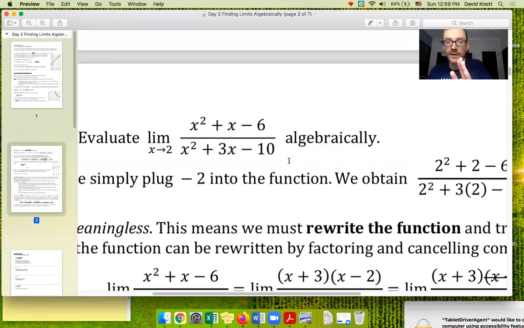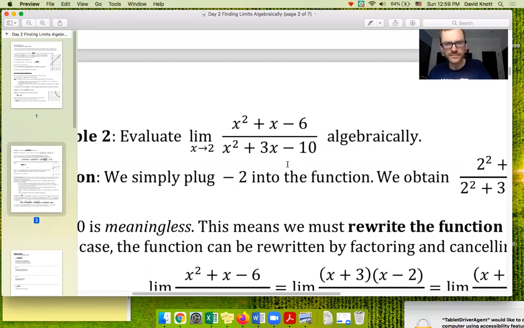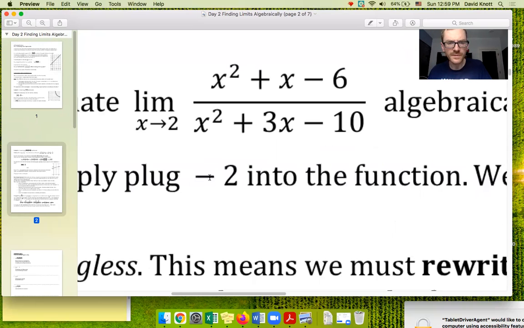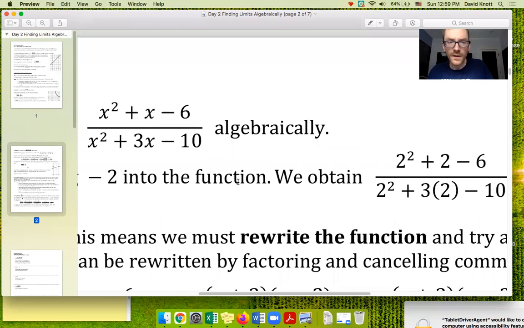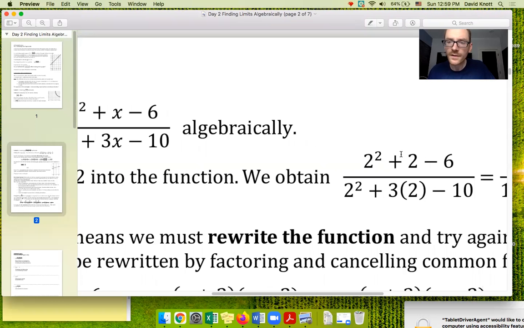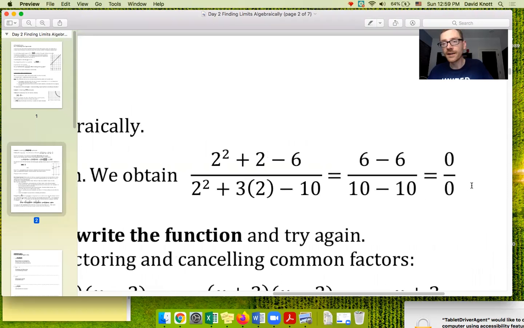That's weird. It looks like there's a typo. It looks like it says plug -2, but that's not what we're plugging in. We're plugging in 2. So we're going to plug 2 into this function, and when you do, you have 2 squared plus 2 minus 6 over 2 squared plus 3 times 2 minus 10. If you do the arithmetic, you get 0/0.